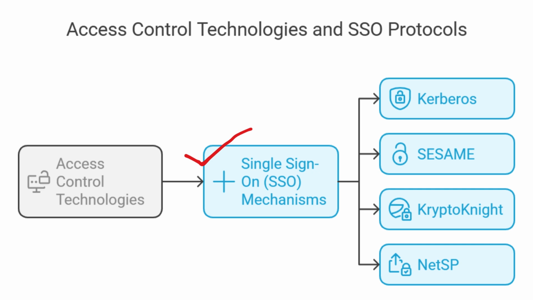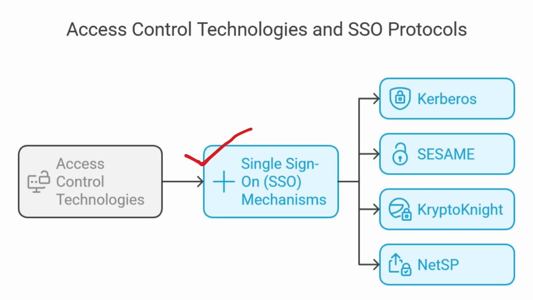Single Sign-On is a technology that allows a user to log in once and gain access to multiple applications without needing to re-authenticate. It works by using a central authentication system that verifies the user's identity and grants access to authorized applications. So, how does SSO work? The user logs in once using their credentials.